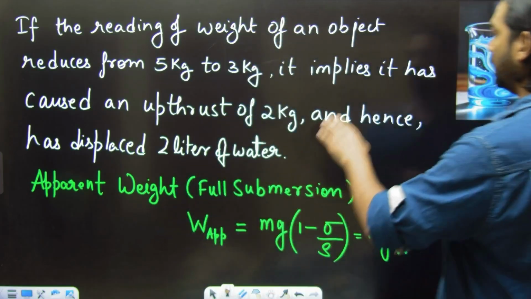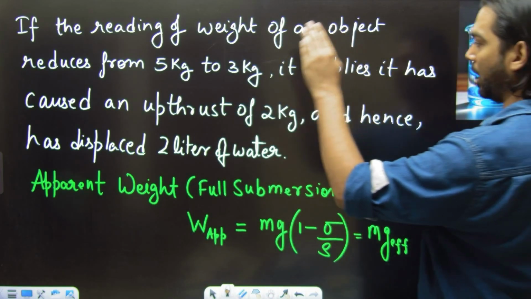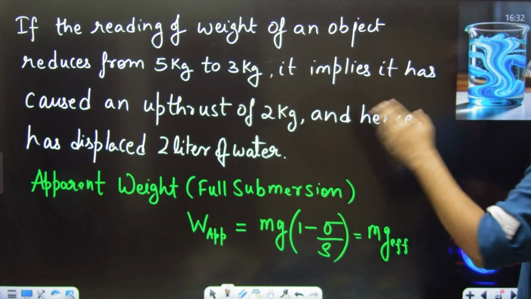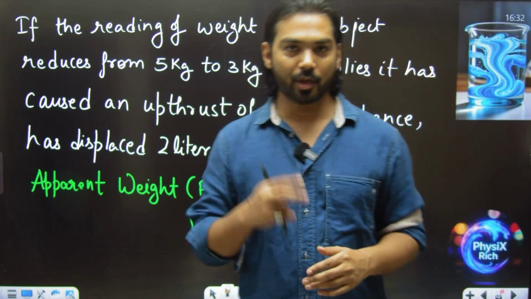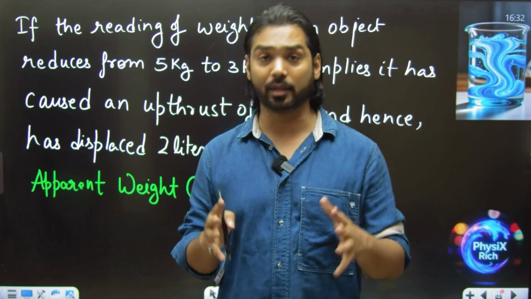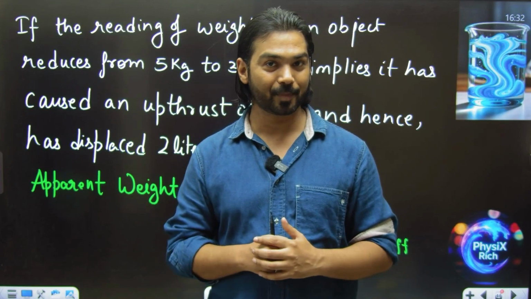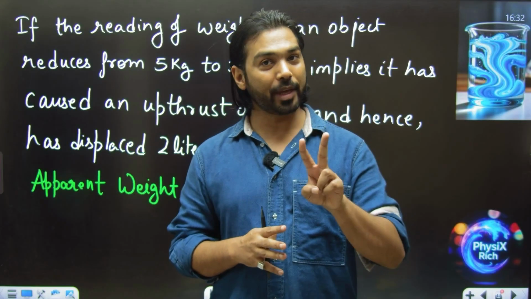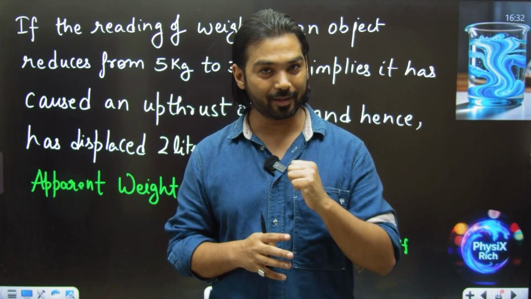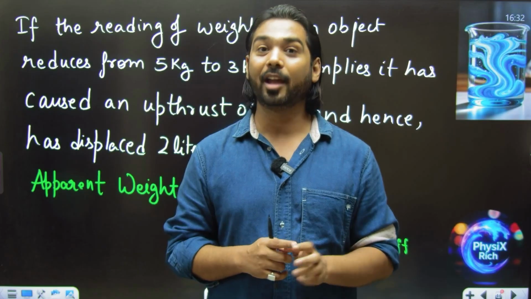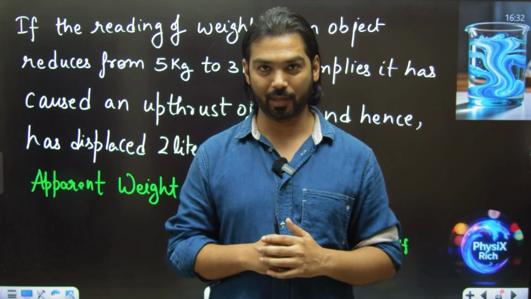All right. It implies that it has caused an upthrust of 2 kg water, and hence it has displaced 2 liters of water. In case you don't know this, the mass of 1 liter of water is 1 kg. So if it is displacing 2 kg of water, then it must have a volume of 2 liters.